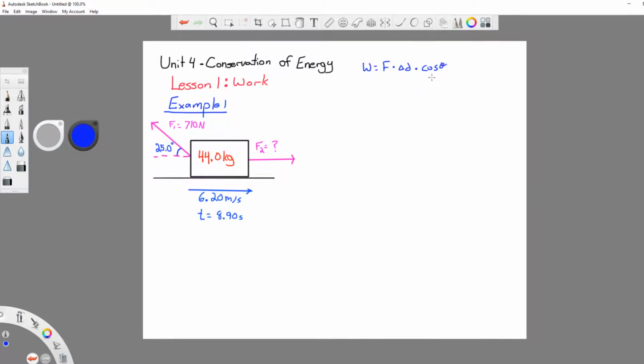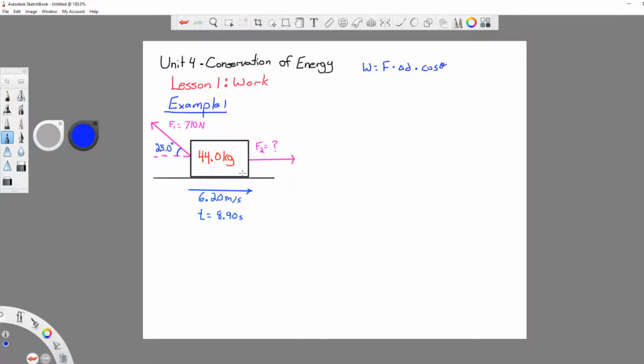The first is that the force that you are applying has to move the object. You could be sweating up a storm, pushing on an object, but if that object does not move, you will not have done any work to it. You have added no energy to it or taken any energy away from it.